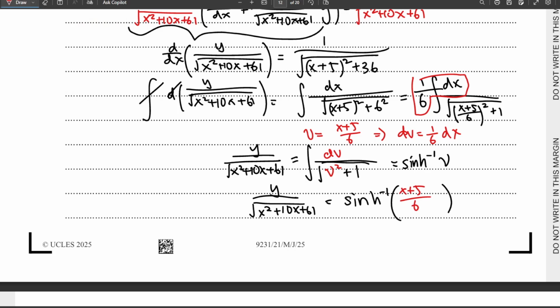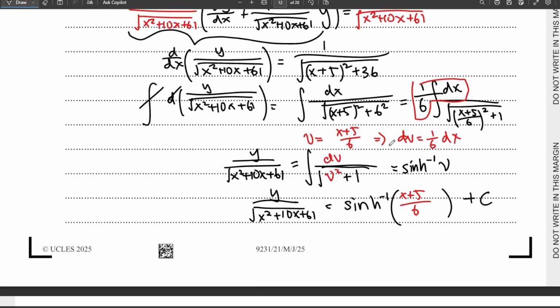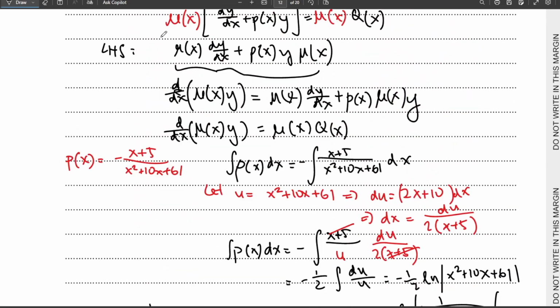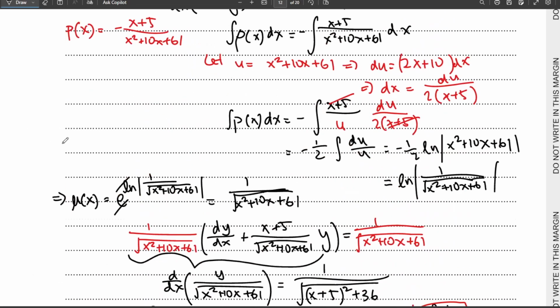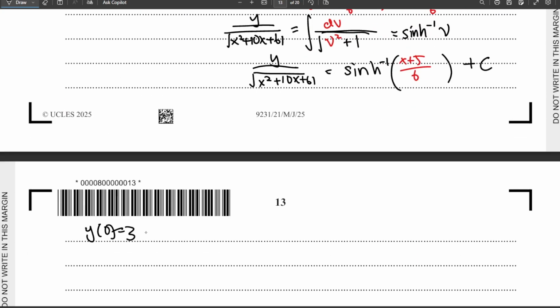And we're not done here, because we have done this integral, but now we have to add the arbitrary constant because this is an indefinite integral and we are given some boundary conditions here: y(0) equals 3. So let's start on the next page. y(0) equals 3, so we substitute y equals 0.